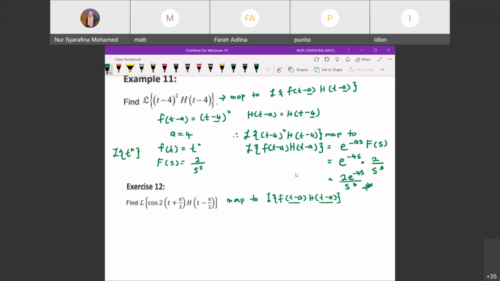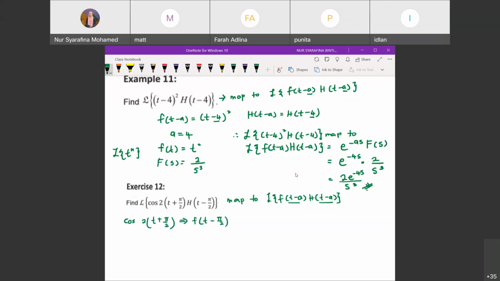So now cos 2(t plus pi over 2) should be in the form of f(t minus pi over 2), but this one is t plus pi over 2.